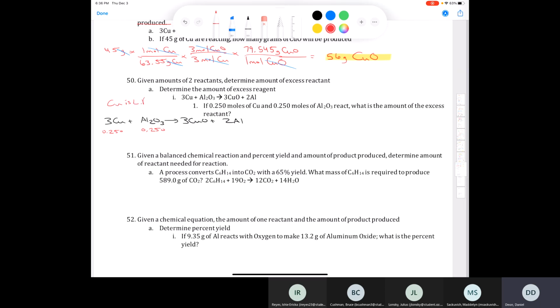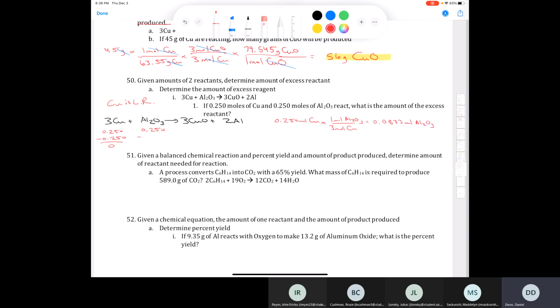Cu is the limiting reactant. So if 0.25 moles of copper react, what is the amount of excess reactant? So if we lose 0.250 moles of copper, we're going to be left over with 0. But we know that if we have 0.250 moles of copper and we have 3 moles of copper reacting for every 1 mole of aluminum oxide, we divide that by 3 and we end up with 0.0833 moles of aluminum oxide reacting.